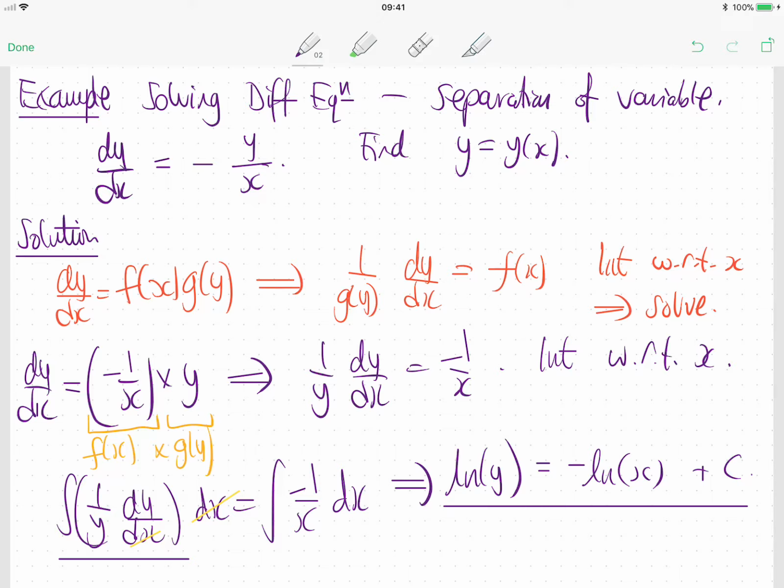So let's do that. Let's have a think about the best way. We could take e of both sides, that would work. Or we could collect the logs together on the left hand side and use the rules of logs. I think that's going to be a little bit cleaner. So let's try that.